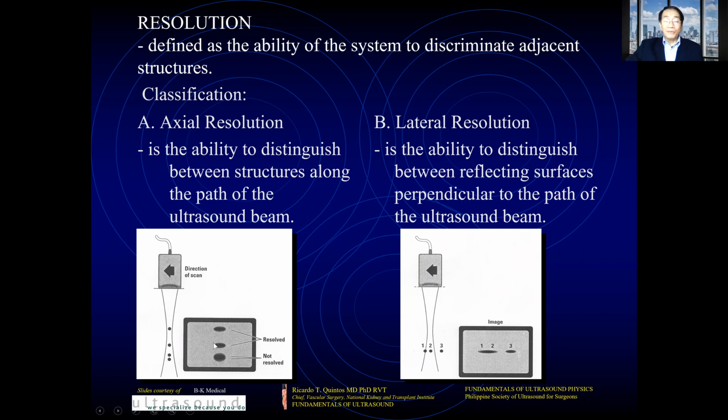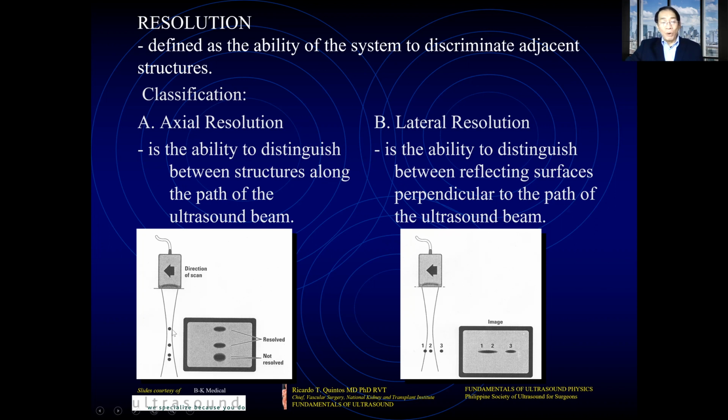However, if your organ of interest is at the region that is closer to the transducer, or what is called the near zone, this near zone can also afford good resolution. So there are two kinds of resolution. Axial resolution is the ability to distinguish between structures along the path of the ultrasound beam.